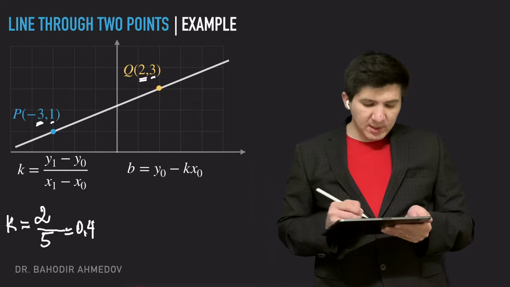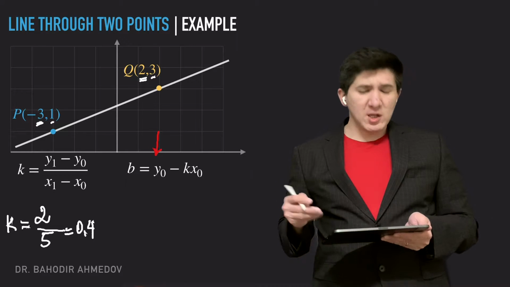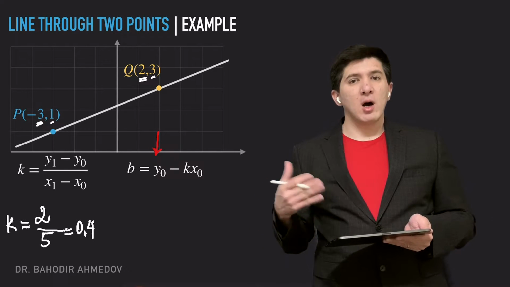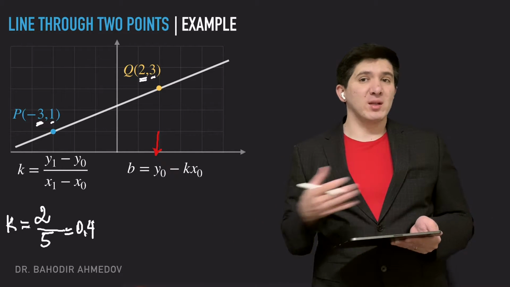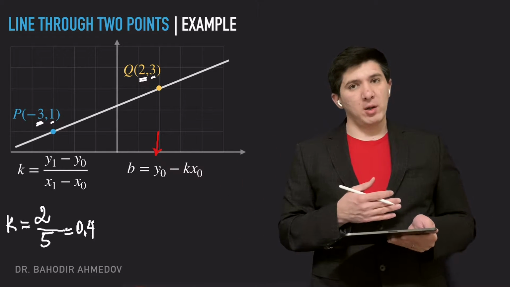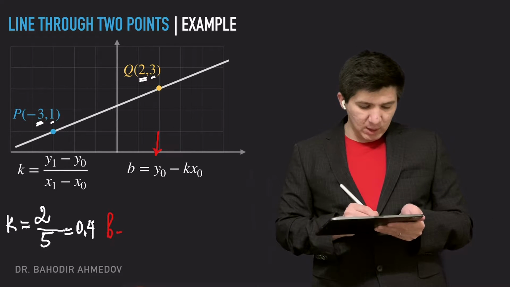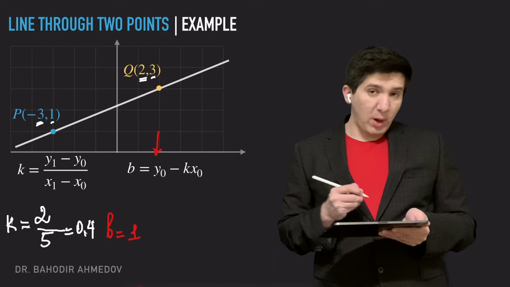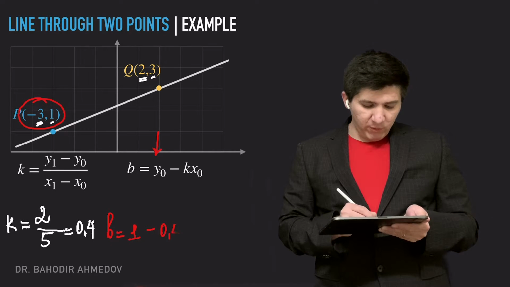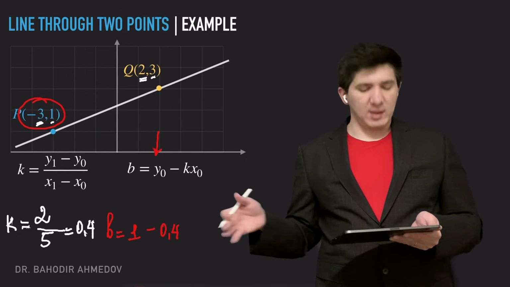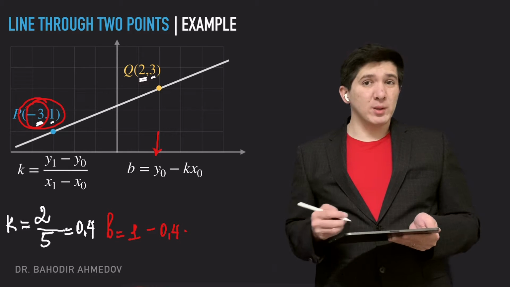Now we need to calculate b, the y-intercept, using this formula. Please note that x0 and y0 are the coordinates of any one point on this line. It doesn't matter whether it is the first point or the second point. For example, we can use the first point. So b is equal to 1, the y coordinate of this point, minus 0.4, the k we have just calculated, times minus 3, the x coordinate of this point.